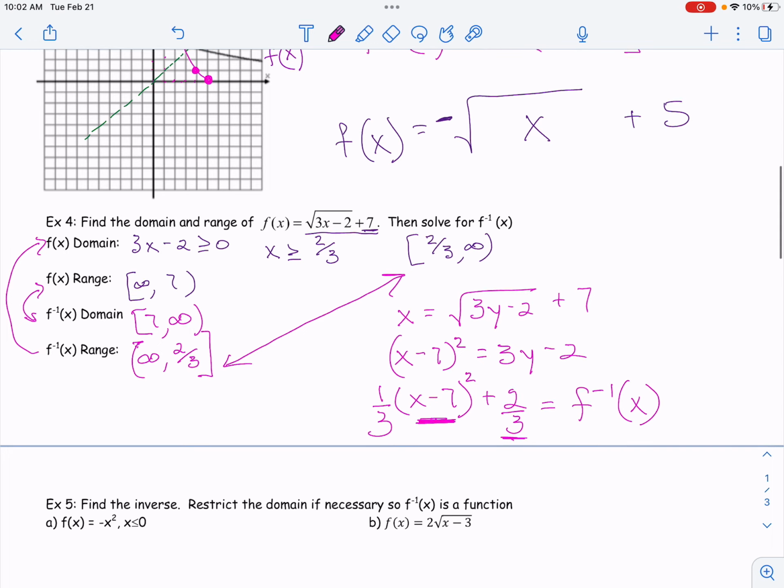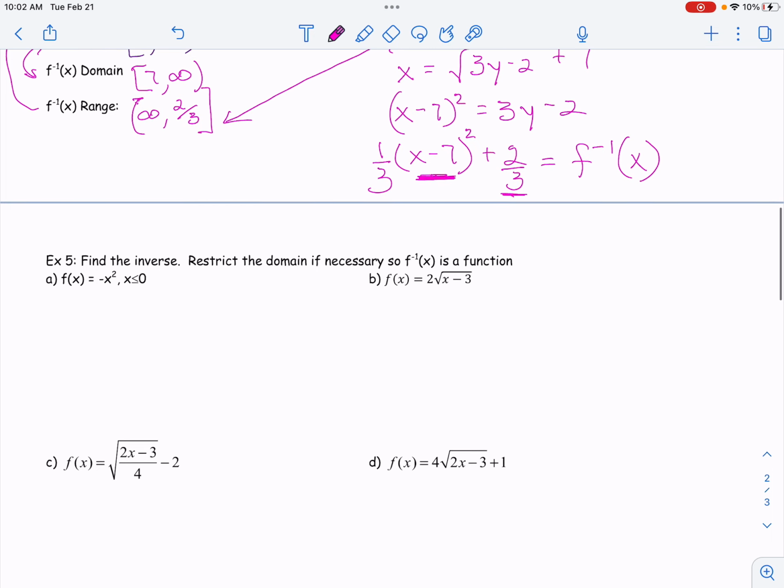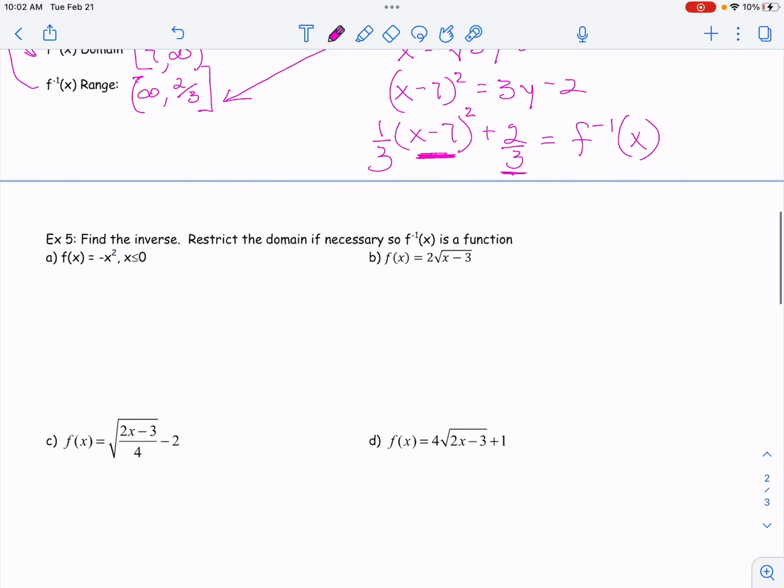Okay? All right, so example 5, find the inverse, restrict the domain if needed so that it makes it a function. So this has already been restricted. So I'm going to switch the x and the y. I'm going to divide by negative, so I have negative x equals y squared, and then I'm going to take the square root, so the inverse.